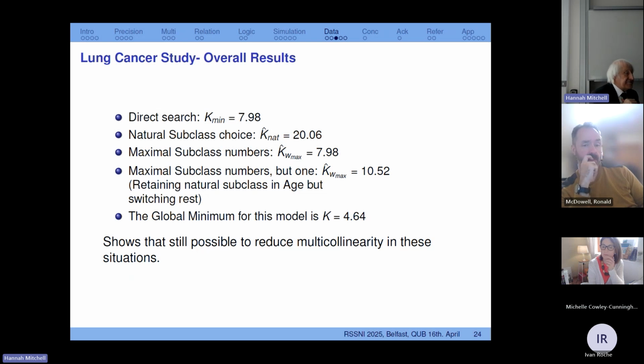More than that, if you put continuous factors into the model, okay, we haven't got any continuous factors in this particular logistic model, but if you mix categorical and continuous factors in the model, and you switch according to our rule, you still get a saving in terms of the multicollinearity.